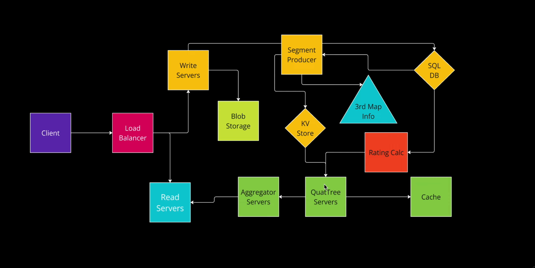The aggregator filters and sorts the results based on relevance, distance, or rating. Finally, the refined results are sent back to the client, which is the user app or website. Aggregators ensure the results are comprehensive, accurate, and sorted based on user preferences like top rated places or closest locations.